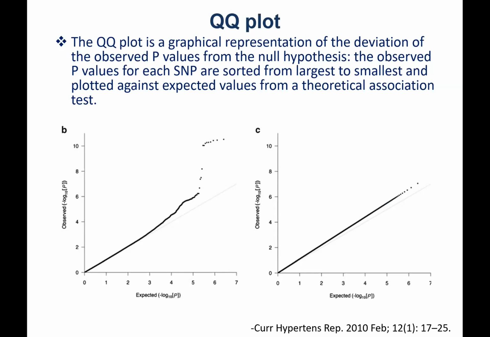Then in picture C, if we draw the QQ plot like this, we can see an earlier deviation, which means we may have some experimental design problems. So the QQ plot can also be used for quality control in our biology study.